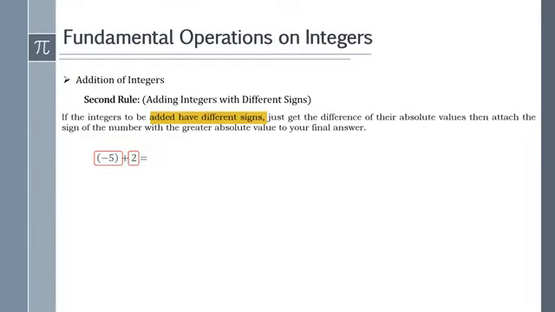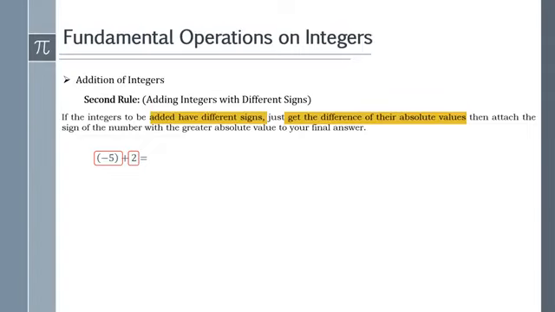The second rule says, if they have different signs, what do we do? Get the difference of their absolute values. When we say difference, isn't that subtraction, minus? Correct. But the difference we take is still of the absolute values. Okay? Take note, absolute values.